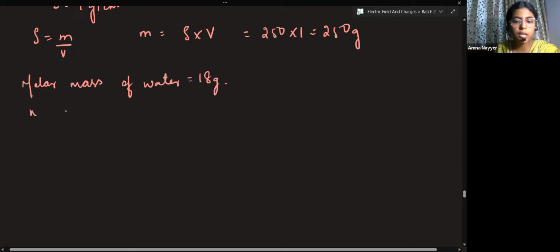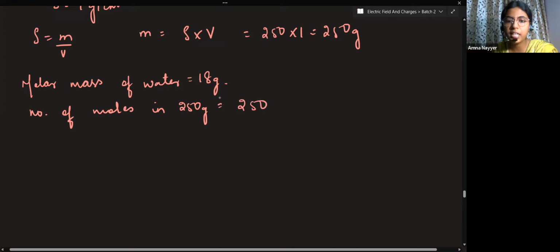So if you are required to calculate the number of moles in 250 grams, the number of moles is calculated by taking the ratio of the given mass by the molar mass, GMM, what you say in chemistry. So mass is 250 and molar mass is 18. This much moles are present in 250 grams.